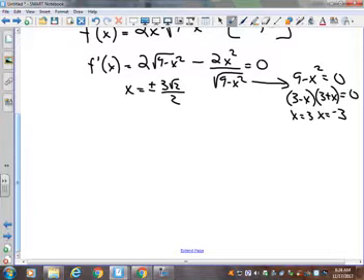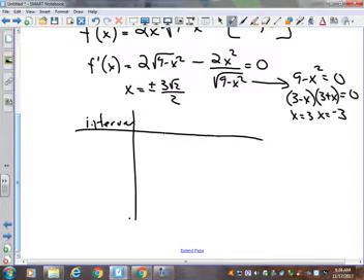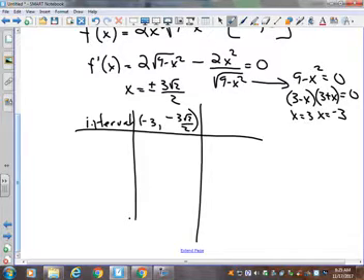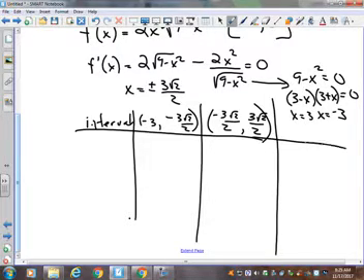So now that we know they're definitely between there, our intervals are going to be from -3 to -3 square roots of 2 over 2, then from -3 square roots of 2 over 2 to +3 square roots of 2 over 2, and then from +3 square roots of 2 over 2 to 3. And these are all open intervals because it's dealing with a derivative.